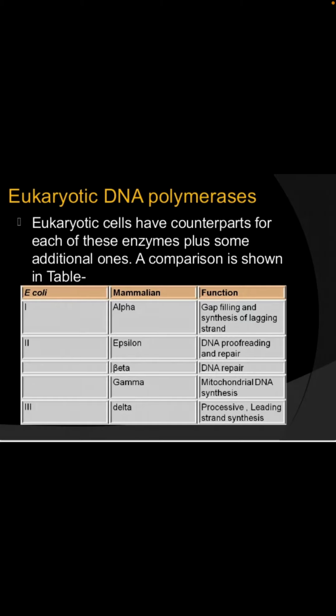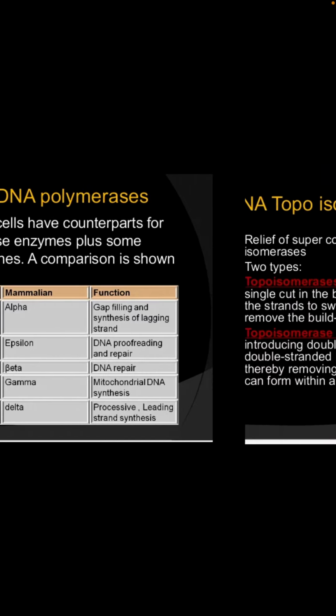And in E. coli we will encounter 3 types of polymerases, where DNA polymerase 3 is the most important and involved in polymerization, while 2 and 1 are involved in the proofreading activity. While in mammalian cells, the polymerization will be done with the help of delta, and gap filling, proofreading and repair will be done with the help of alpha and epsilon. You will keep in mind these names for the MCQs especially.